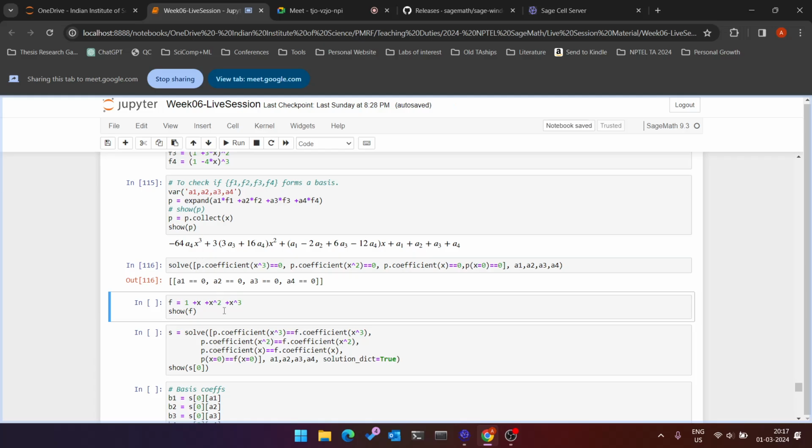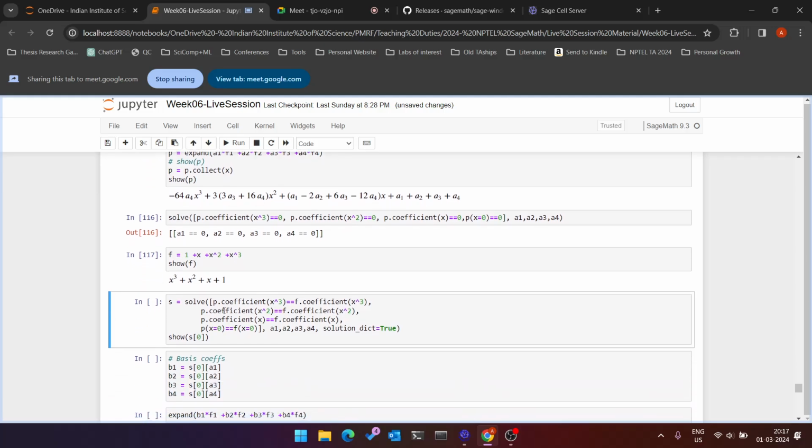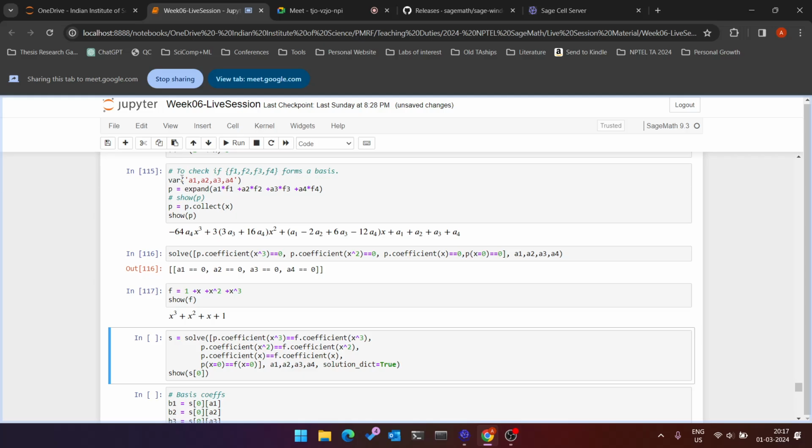Now that this is clear, we have chosen a correct basis. We define the function f of x, and then for our random polynomial p defined as a1 f1 plus a2 f2, and so on, we compare the coefficients of p with coefficients of f. So from that we can expect straight away minus 64a4 to be equal to 1, which would be a4 equals minus 1 by 64.